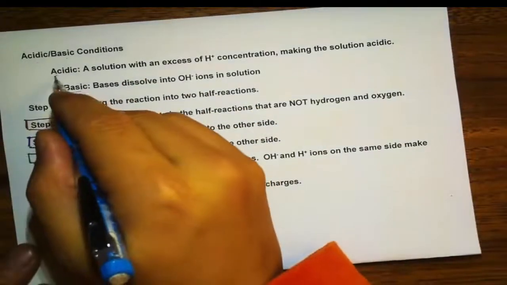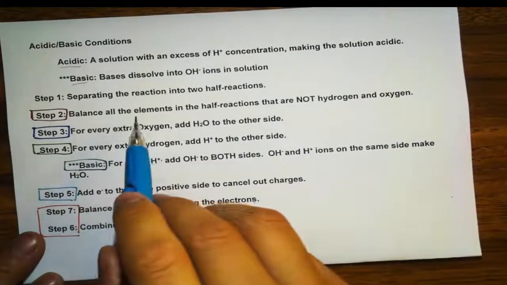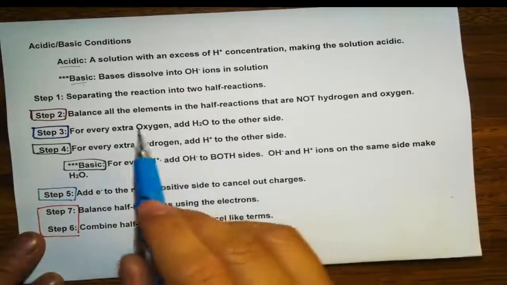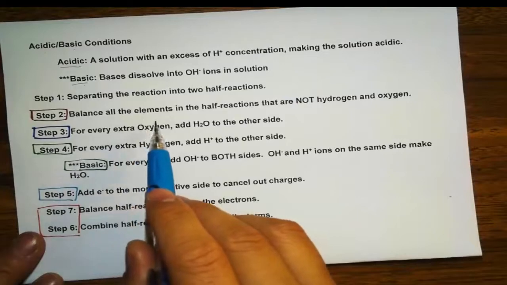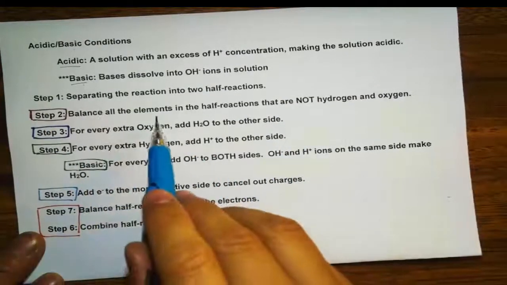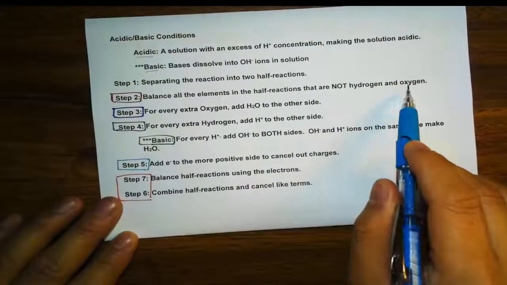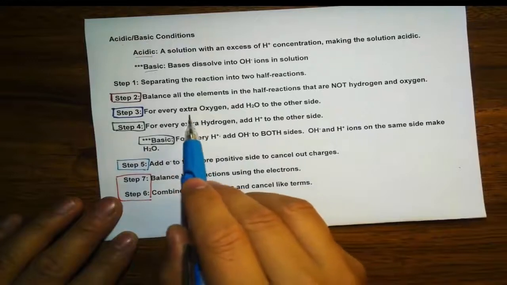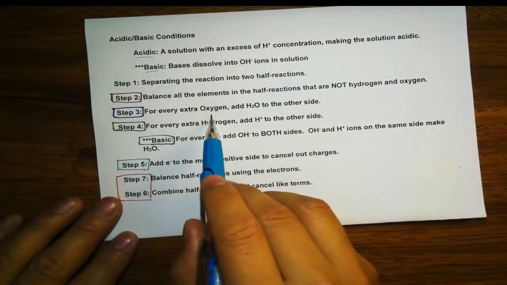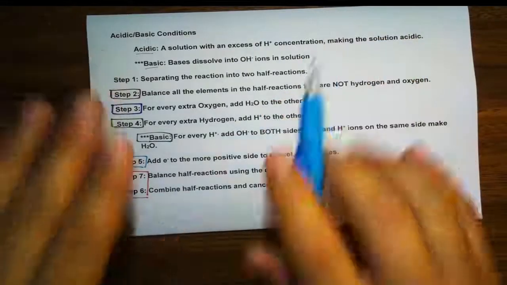Now let's focus on the acidic solution. If we look at step 2, that's when we see the changes. That is, we are balancing the elements first, not the electrons, and only the elements that are not hydrogen and oxygen. Because in steps 3 and 4, remember we have the reactant side and product side, we compare both sides.